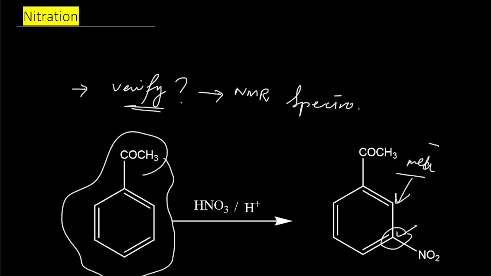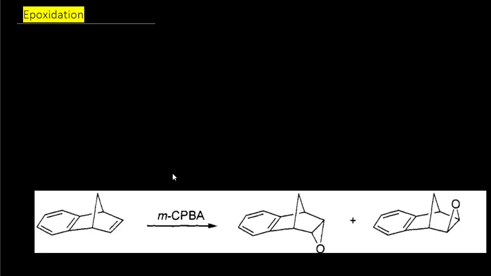In another reaction, this is the epoxidation reaction, in which norbornadiene. I am writing these names because you can search on the internet about these molecules. When epoxidation of benzonorbornadiene occurs in the presence of MCPBA, actually metachloroperbenzoic acid, there are three possibilities.